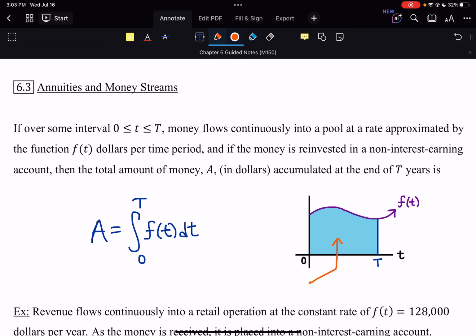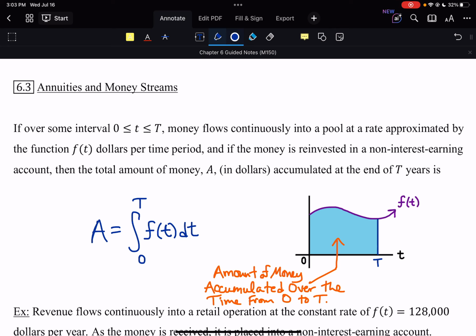And then this area down here is going to be the amount of money accumulated over the time from 0 to T. Calculation-wise, there's nothing really that new here.